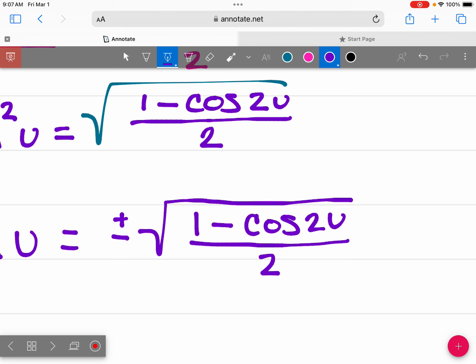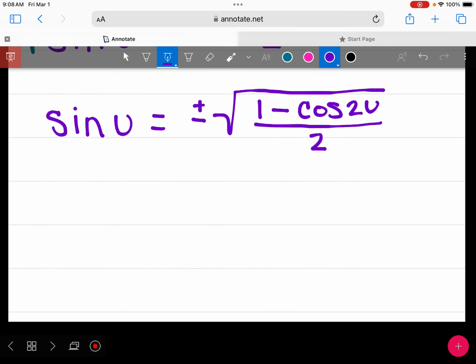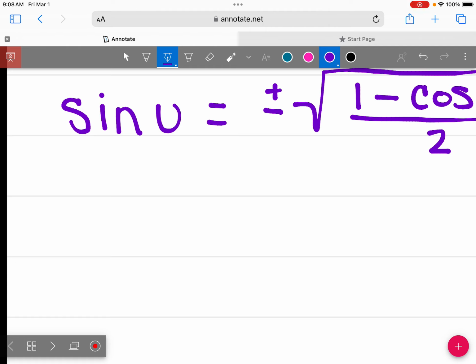But it doesn't let me change the font in the equations, but the v is what we use in the formula, so we tolerate. When we take that u and substitute in v over 2, what we get is sine of some angle over 2.